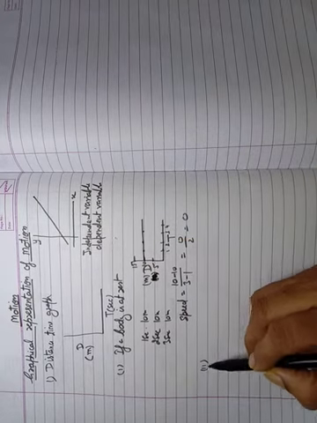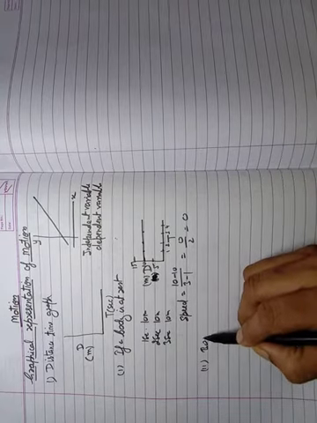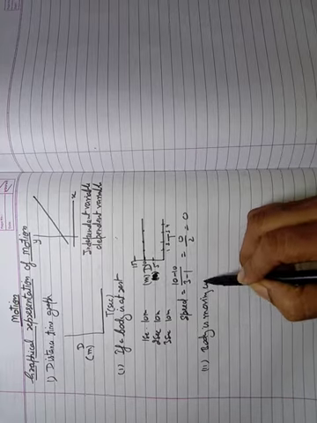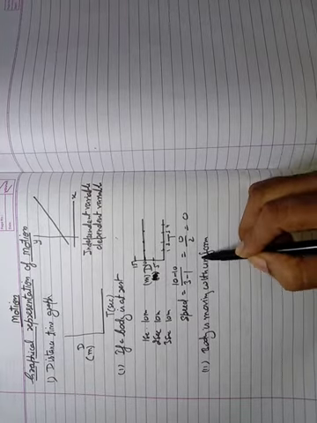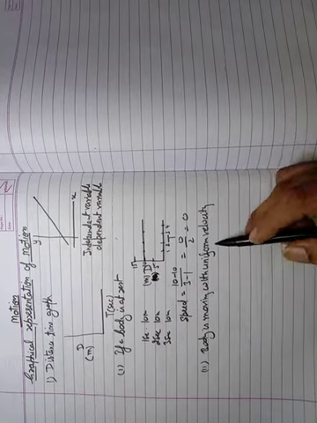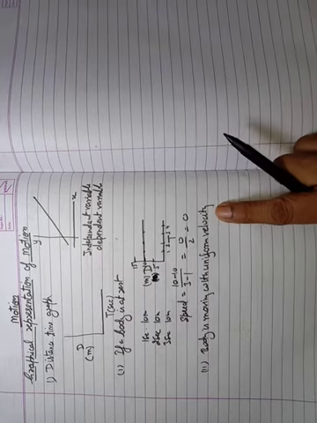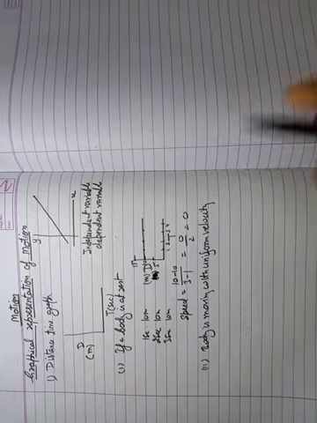Second condition: suppose a body is moving with a uniform velocity. We know that a body moving with uniform velocity, uniform speed, covers equal distance in equal intervals of time.